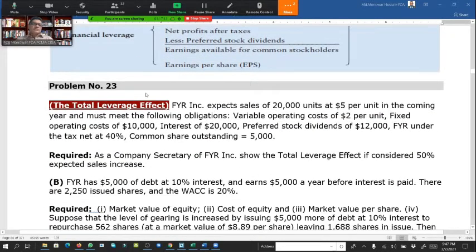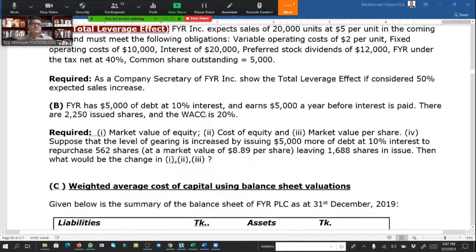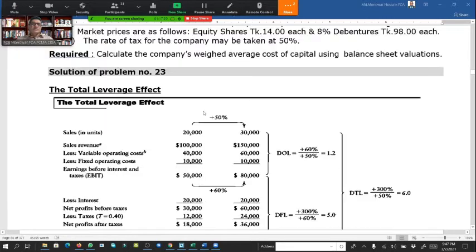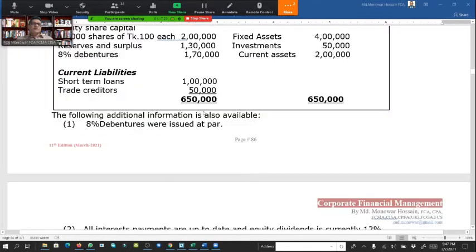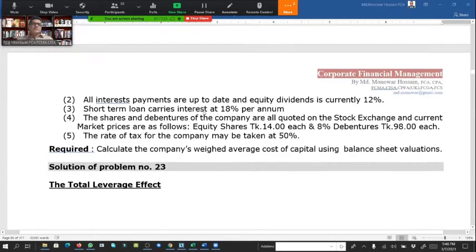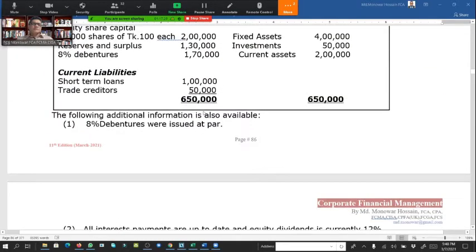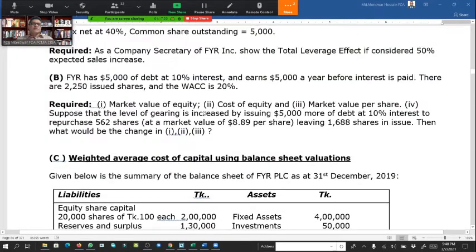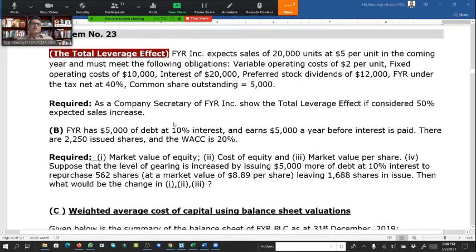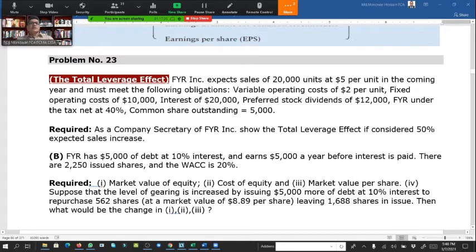So here a few questions are here, and also the solution is here. Equity finance solution 23. Okay, number one, look here. The total leverage effect.